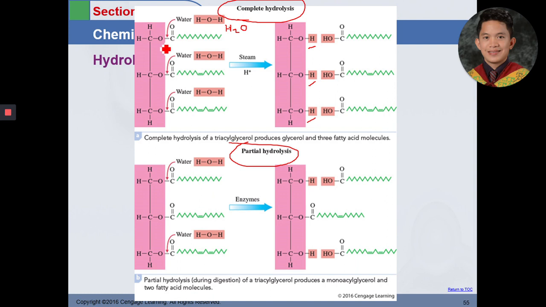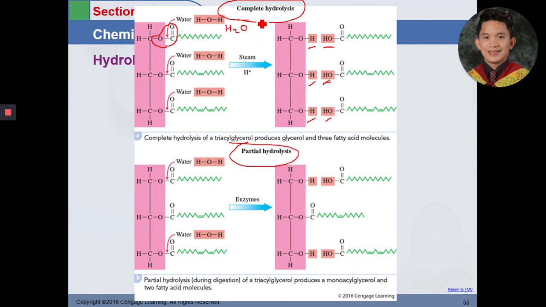So it regained its OH group, thereby completing the carboxylic acid end of your fatty acid. As a result of your hydrolysis, you have a glycerol molecule, this part highlighted by pink, and then one, two, three fatty acid molecules. So just remember the difference between complete and partial hydrolysis.